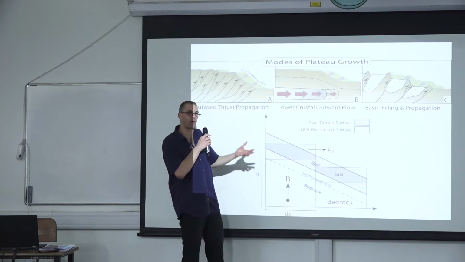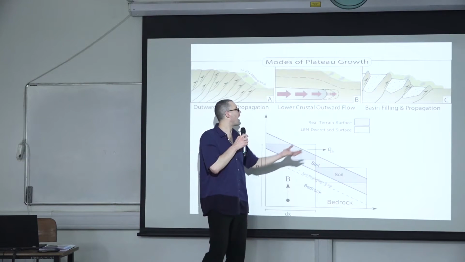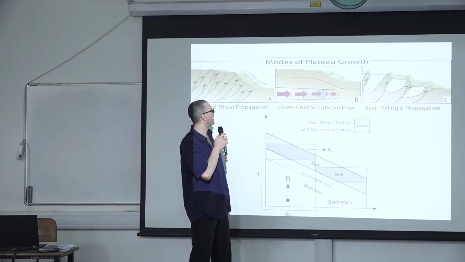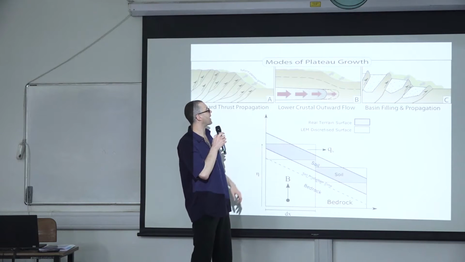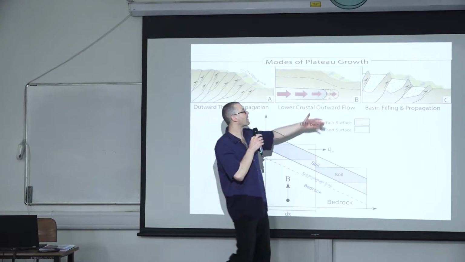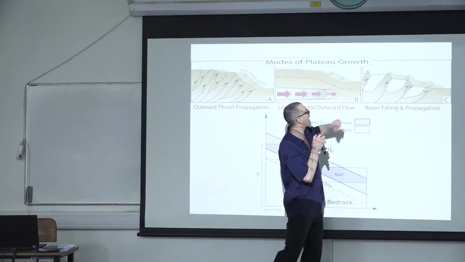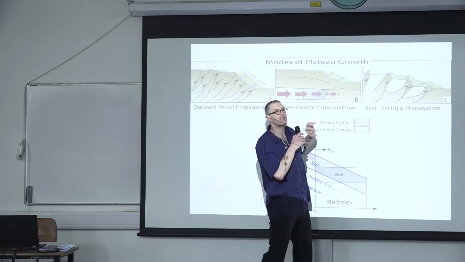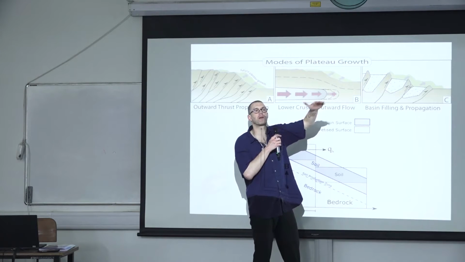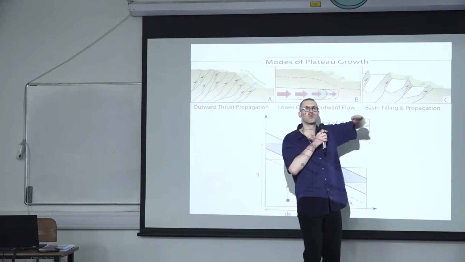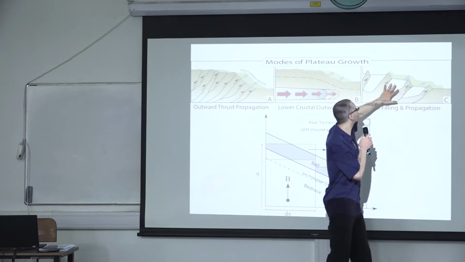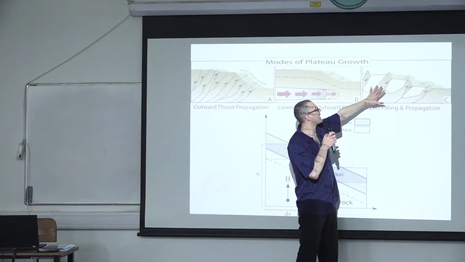That you have the ability to move more material in a ductile way. Some other people propose that you have intermontane basins that you fill through sedimentation, and thereby you grow the plateau. This is a model that is currently being densely discussed for the Central Andes.